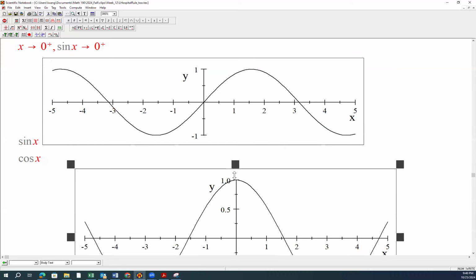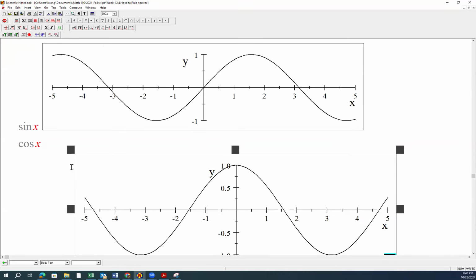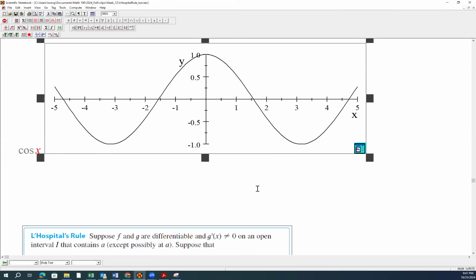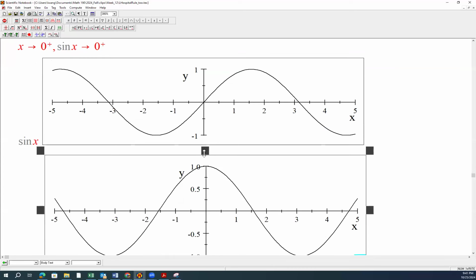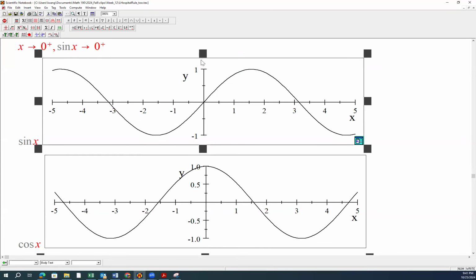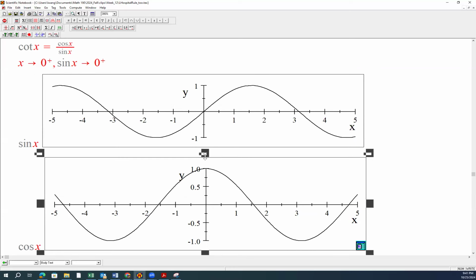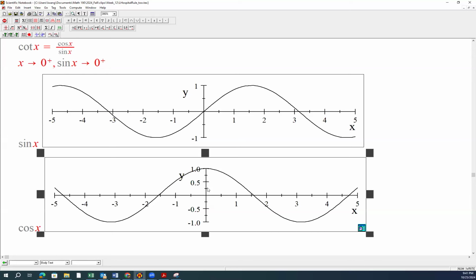I'll get them to line up, and put them on the same screen.